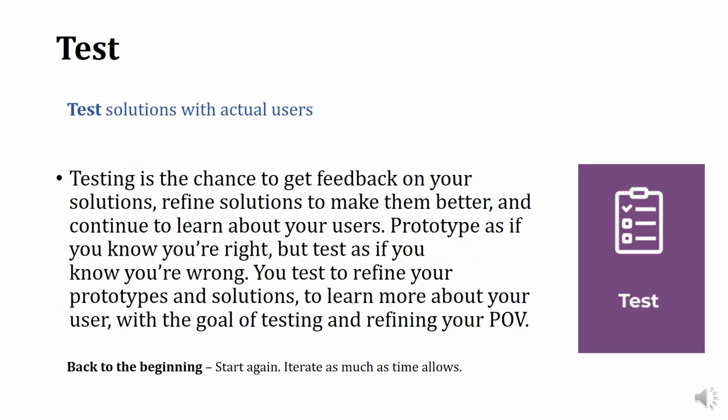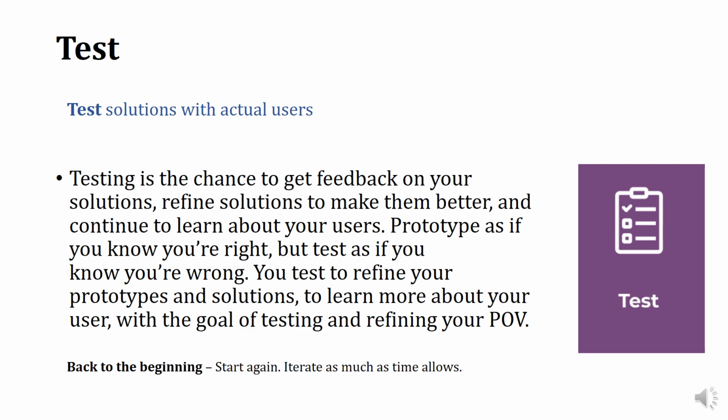The last stage is test. In this stage, we need to test our solutions with actual users. Let's go back to the users who helped us in defining the problems, in empathizing, and even, as I told you earlier, you should reach out to those users who may not have been part of the empathizing process but are also actual users, so that we can test how our prototype is working.